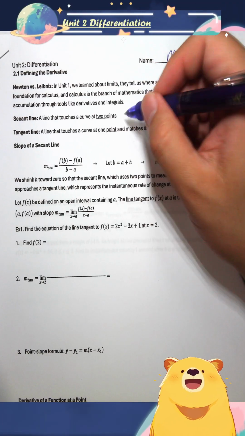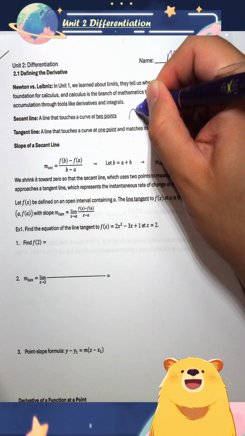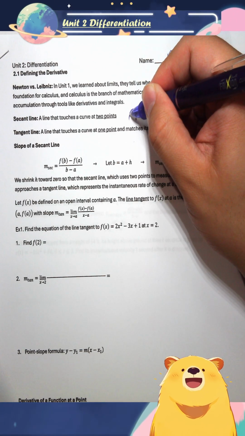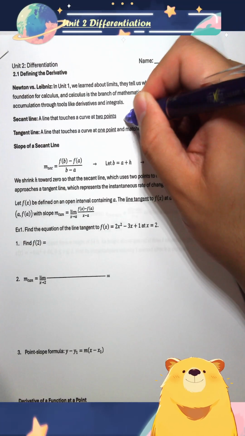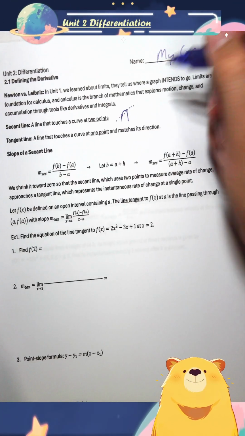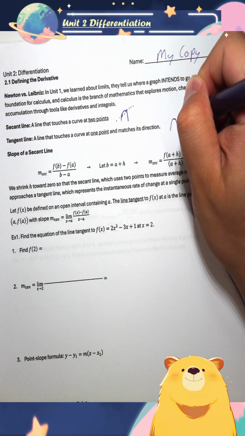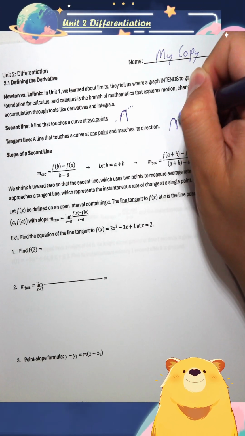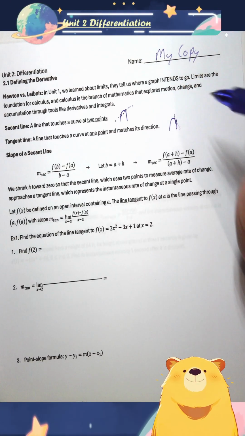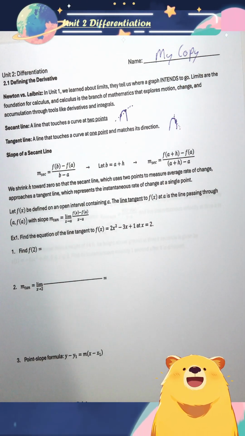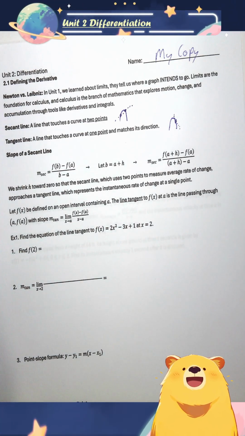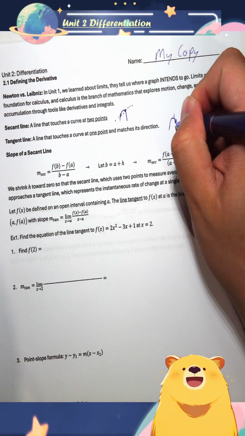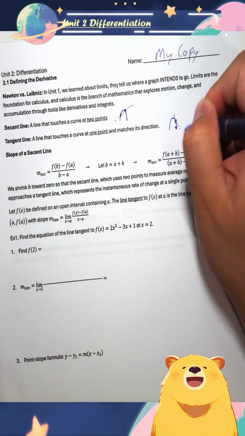A secant line is a line that touches a curve, I'm just using this U shape as an example, through 2 points. And then a tangent line touches a curve at 1 point, and matches the direction in which the curve is going. So if it was going, for example, this way, then ideally it would go that way.